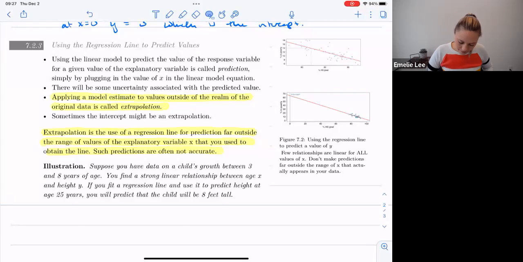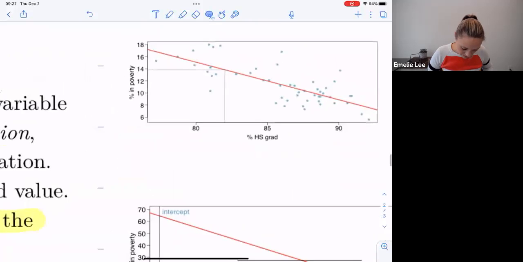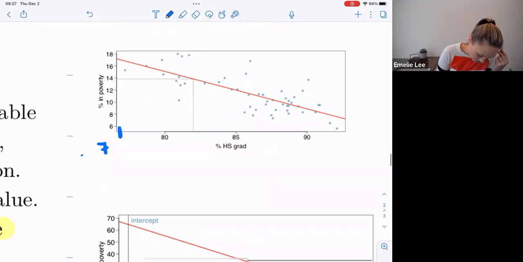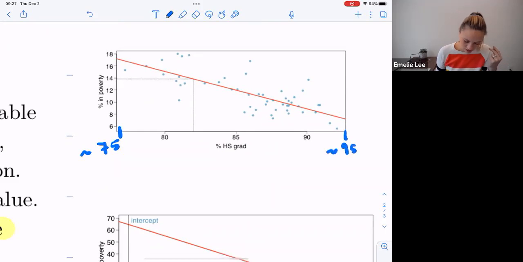So, for example, if we look at this percentage in poverty data again, then our values of x were between, let's say, here 75-ish, and let's say 95-ish.